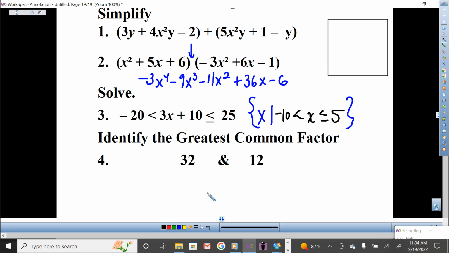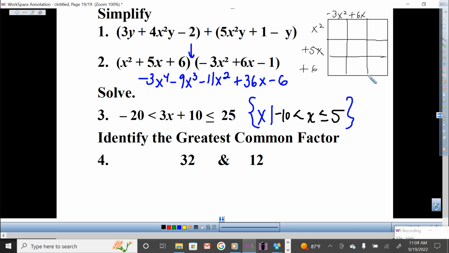Let's see. We got x squared plus 5x plus 6. And on top we got negative 3x squared plus 6x minus 1. So negative 3x to the 4th. That times that is positive 6x cubed.